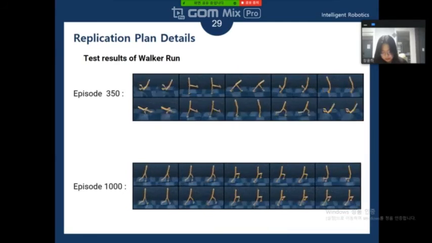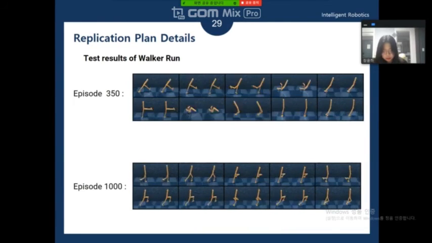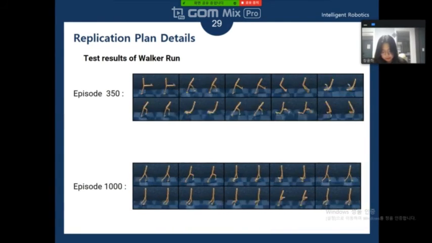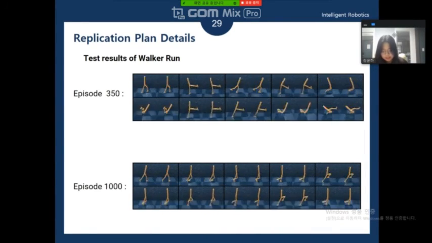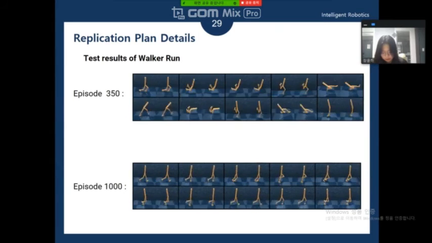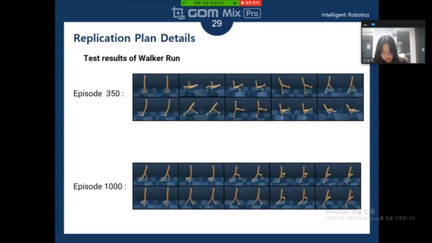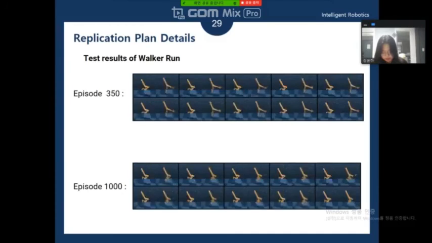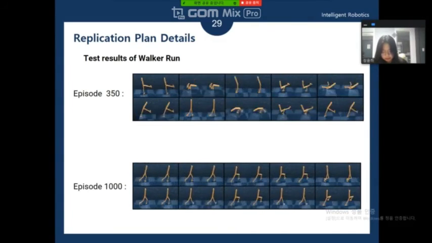So let's look at the simulation of replication. The first picture represents an early test episode, and the second picture represents a late test episode. As the episodes get longer, episode 1000, which has done more learning, shows better test results.